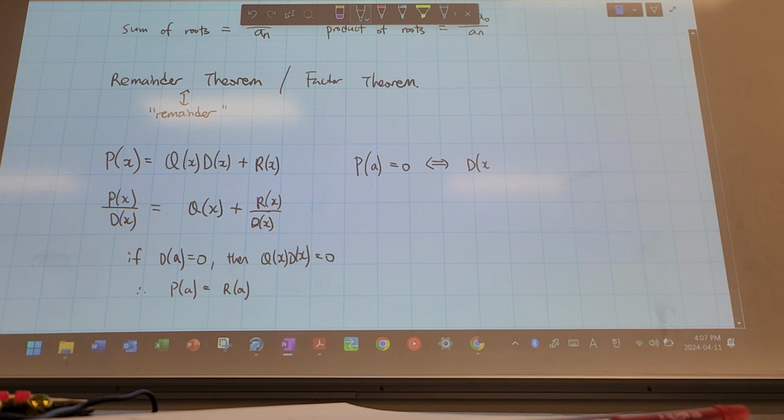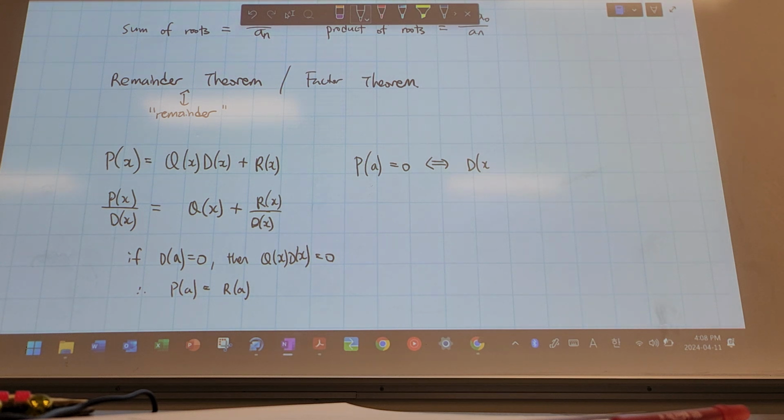How to explain this again? I'm spazzing out, I need water. Why is that useful if the divisor is 0? Then the whole thing just equals the remainder.